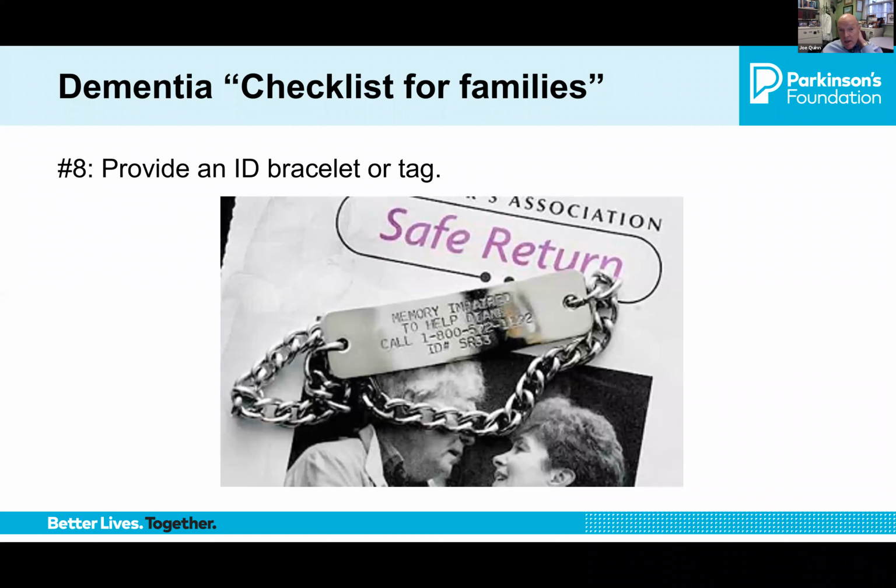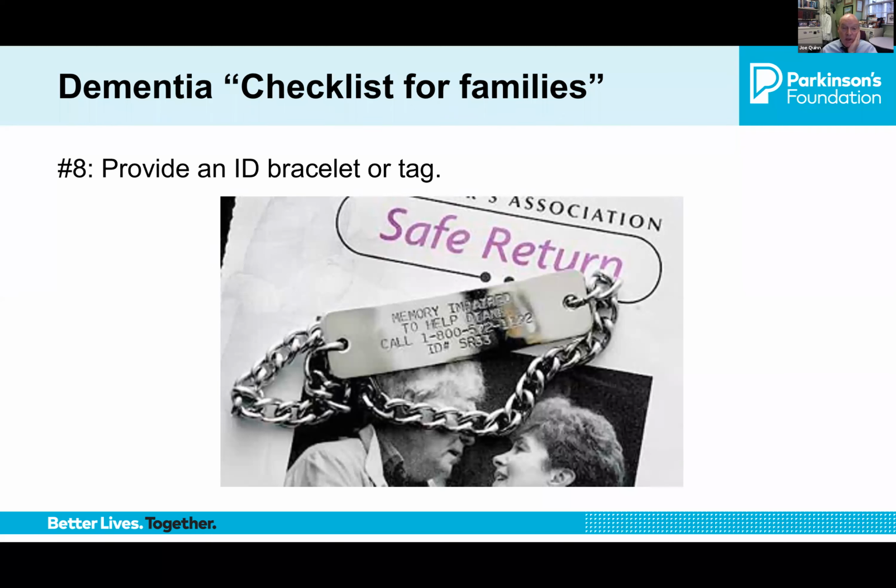Number 8 is when you have somebody who's got cognitive impairment or dementia, you really would like them to have an ID bracelet that identifies them and gives them a number that somebody can call if, God forbid, they should wander or get lost even briefly.